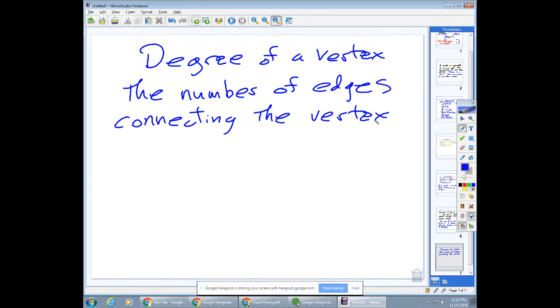So we'll analyze this graph for degree, and then we'll try to Eulerize it and see if we can make an Euler circuit. So remember, circuit means I gotta get back where I started.